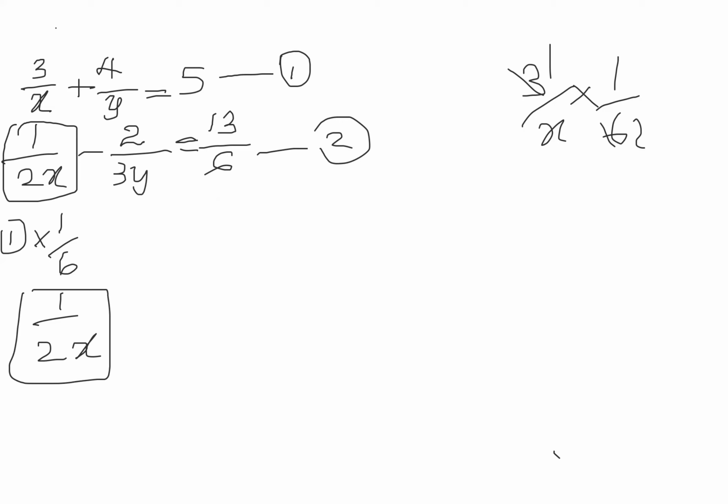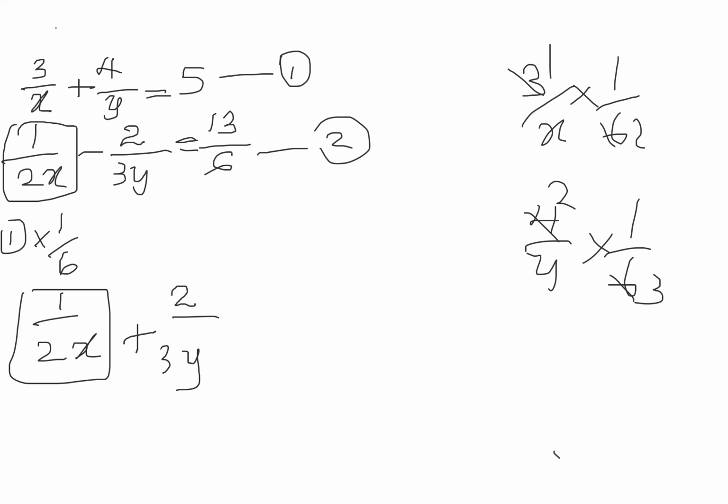And plus, when we multiply the same value, that means multiplying 4 by 1/6, when we divide, cancelling by both 2 and 3, that means 2/3. And when we multiply the 5 by 1/6, it becomes this one. So this is the third equation.